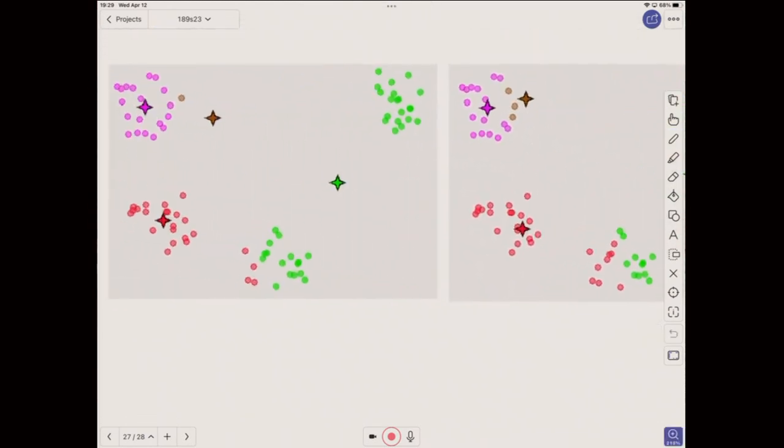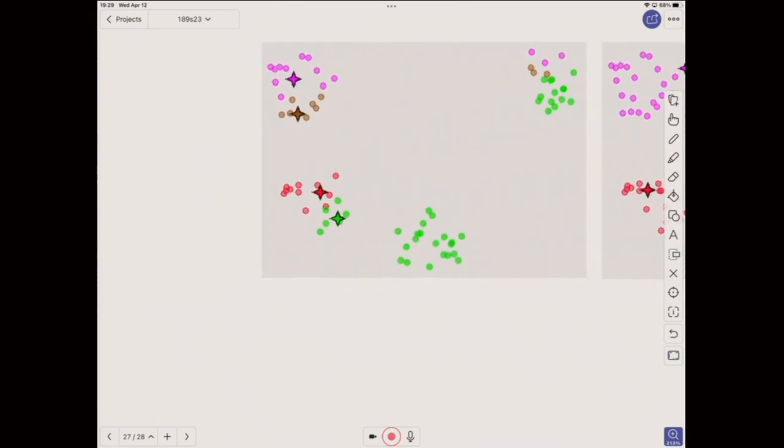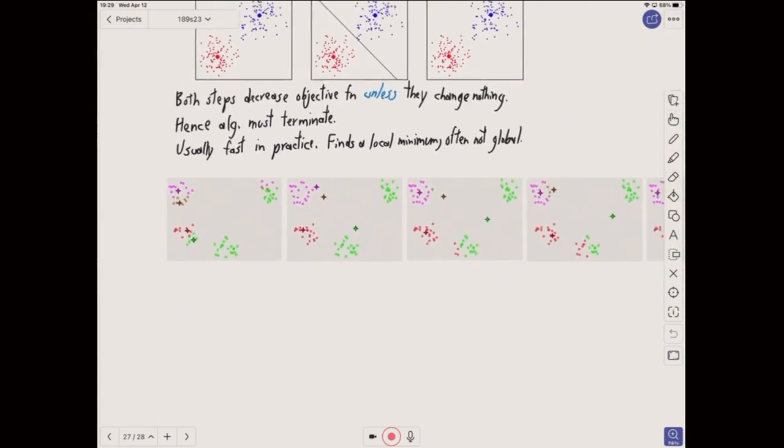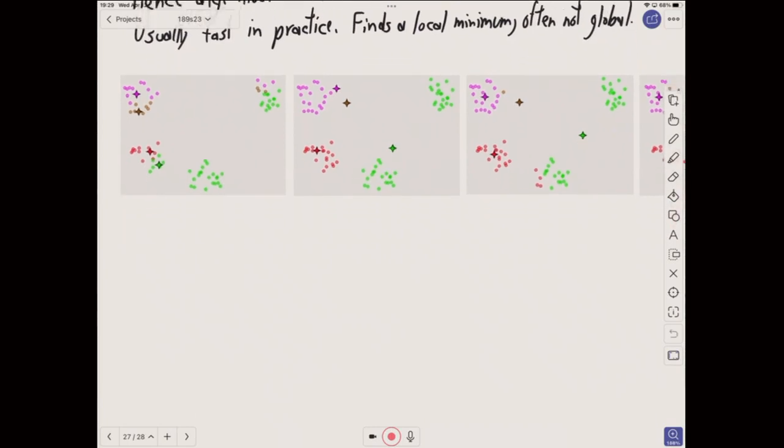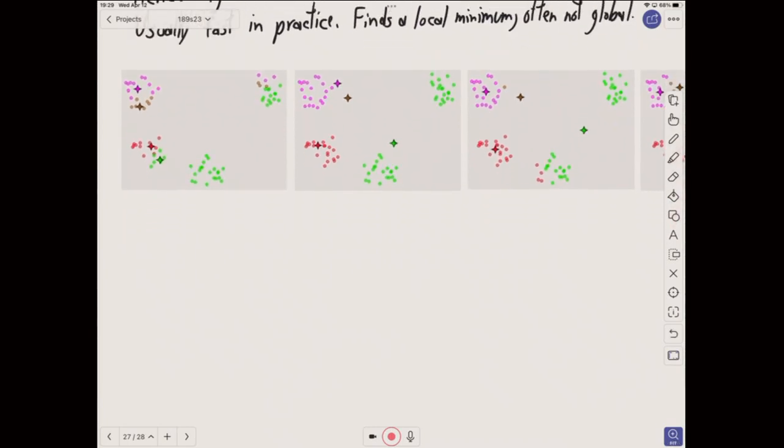And honestly, it's a hard problem to solve well, reliably all the time. So any questions about that? I'll talk about how to initialize this algorithm next.